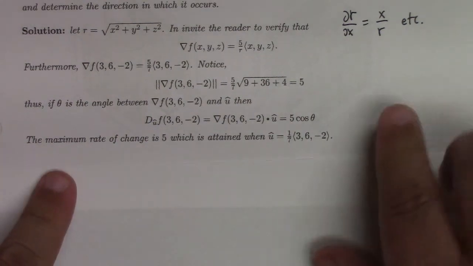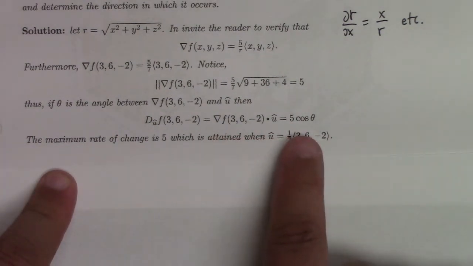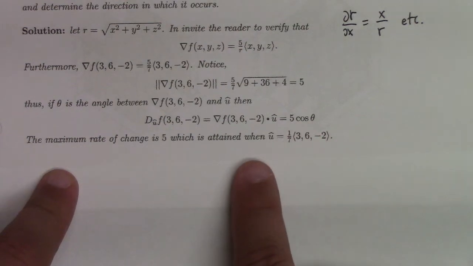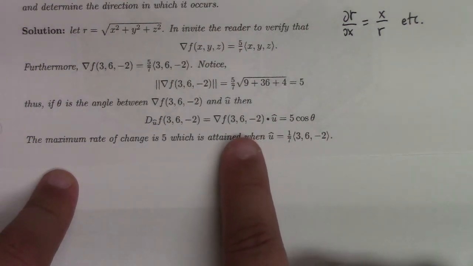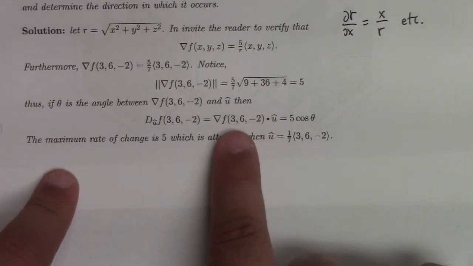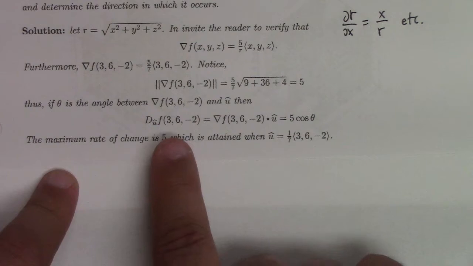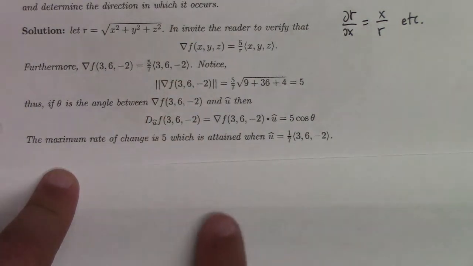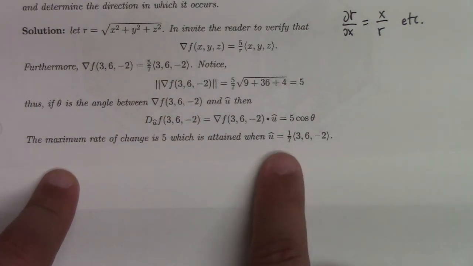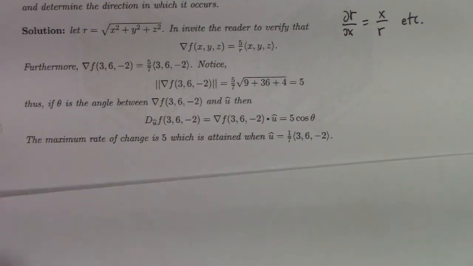More generally, that's the answer for different choices of theta. When theta equals 0, we get rate 5. And if you want the angle between u hat and the gradient vector to be 0, you want u hat to point in the direction of the gradient vector, which, remember, we already found was (3, 6, -2). So (3, 6, -2) divided by 7 is a unit vector in that direction.